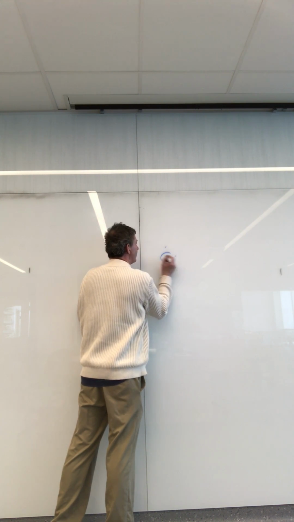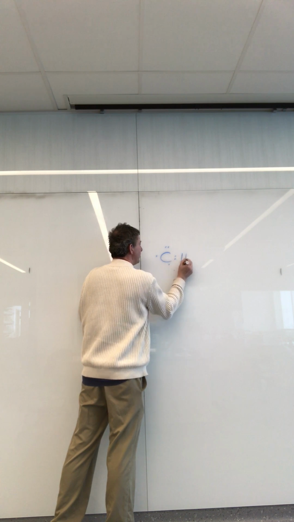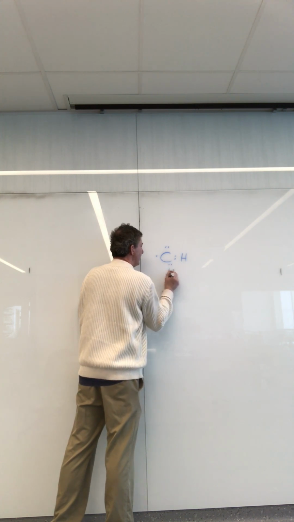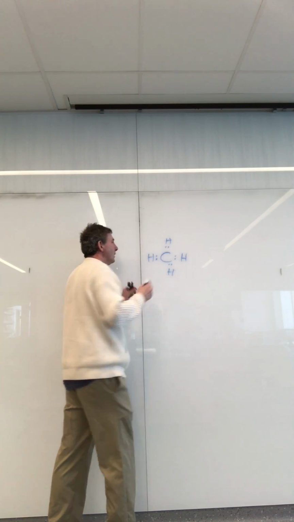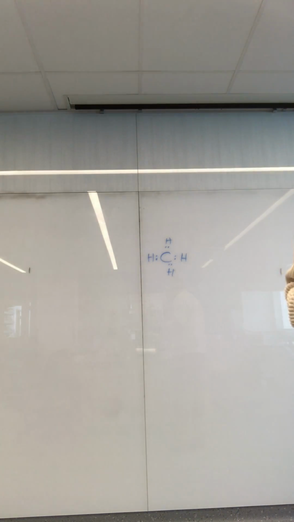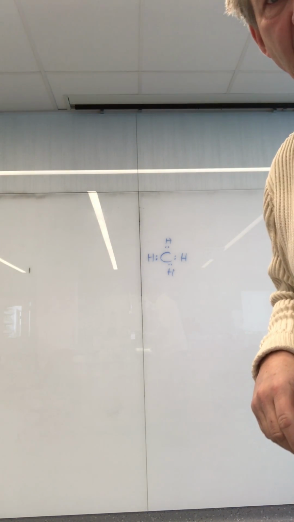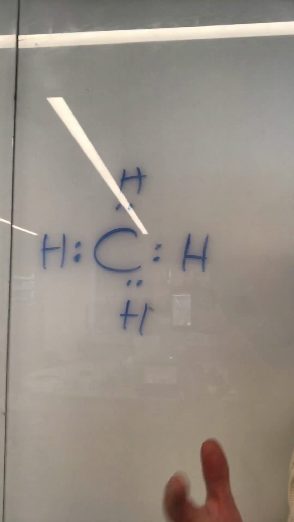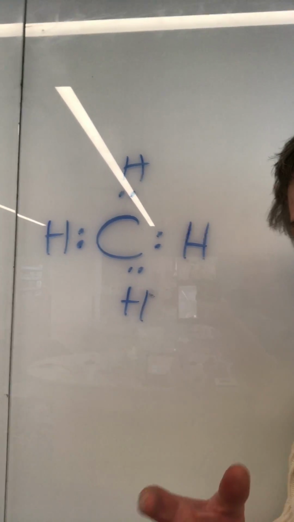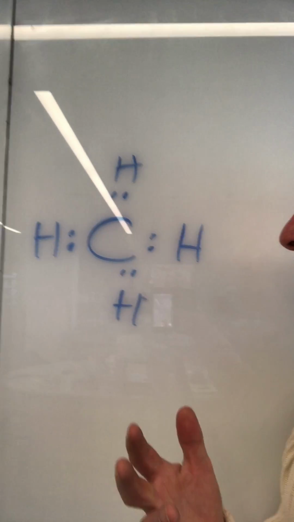We use what's called Lewis dot notation to indicate that. You'll notice, if you can see this image, that in that image, the carbon has 8 electrons around it, and each hydrogen has 2.